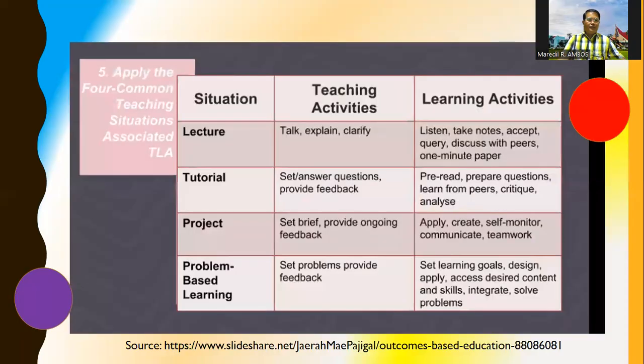We have also the application of the 4 common teaching situations associated with teaching learning activities. So we have the situation of the lecture, wherein the teaching activities are that teachers talk, explain, and clarify. For learning activities, students need to listen, take notes, accept the query, discuss with peers, and you can also have the 1-minute paper activity.